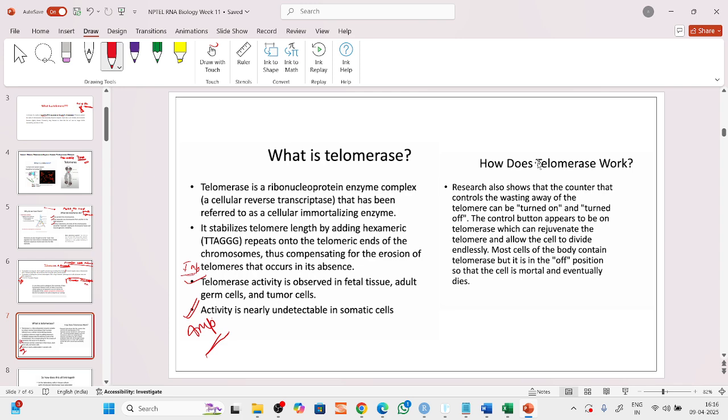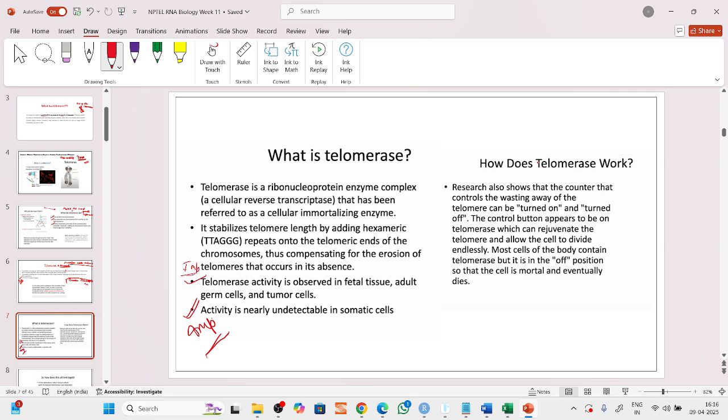Now let us see how telomerase works. Research also shows that the counter that controls the wasting away of telomeres can be turned on and turned off. The control button appears to be on telomerase, which can rejuvenate the telomeres and allow the cells to divide endlessly. Most cells of the body contain telomerase, but it is in the off position, so the cell is mortal and eventually dies.